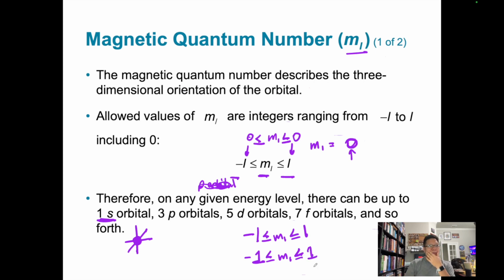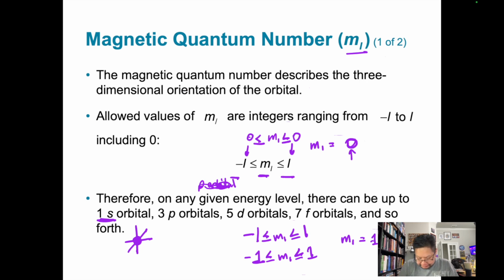What are the possible values of m sub l then? Well, we already know 0 will fit there, because 0 fits between negative 1 and 1. So m sub l is definitely 0. But it also says equal to, so you can add in negative 1 there too, and you can also add in 1, because 1 is also equal.